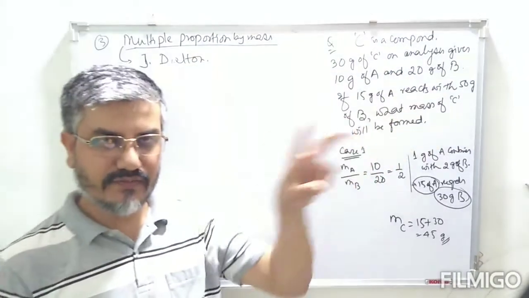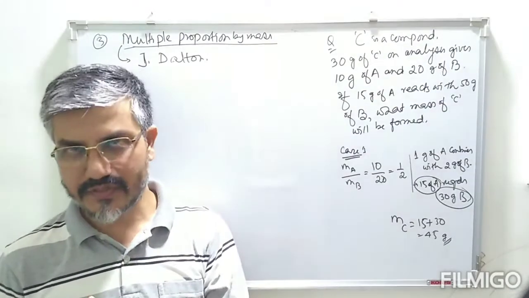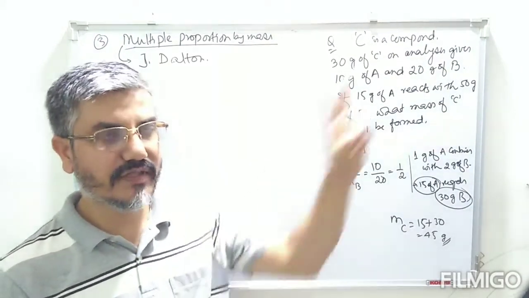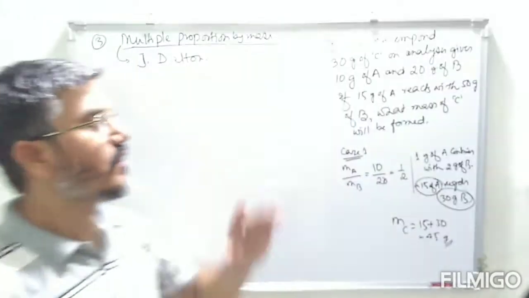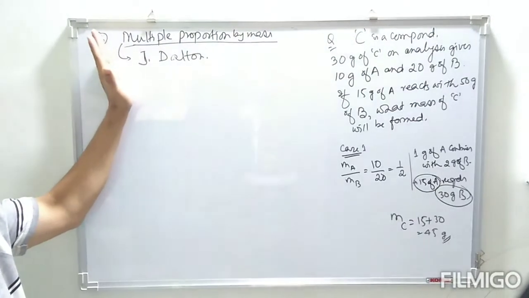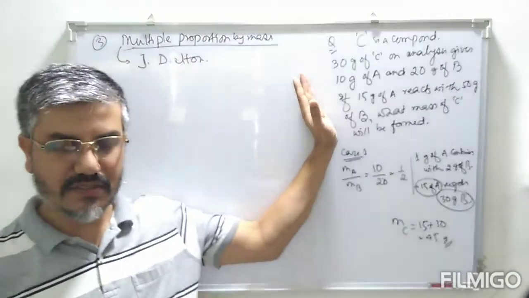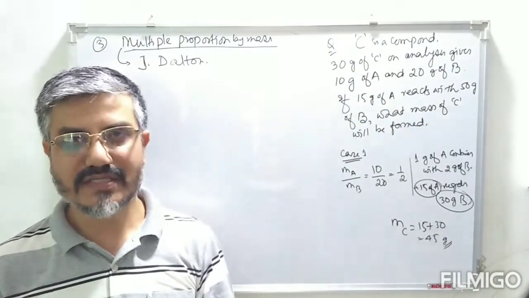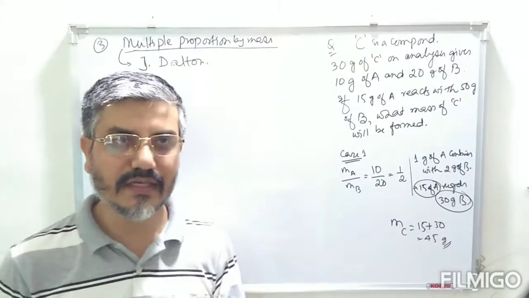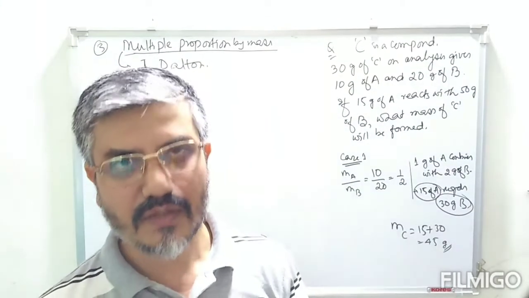In the first case, we have only one compound, a pure sample, and we get the mass ratio of combining atoms.